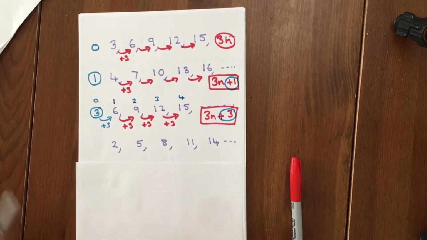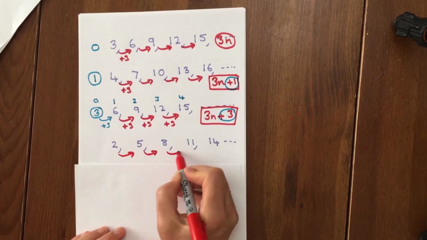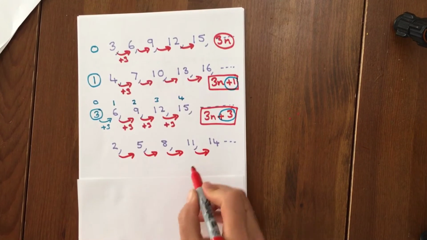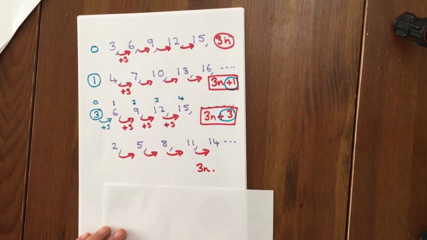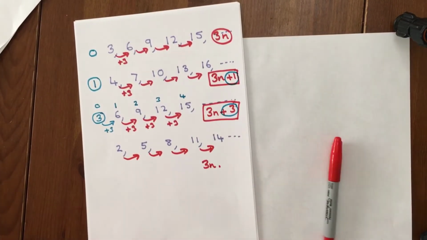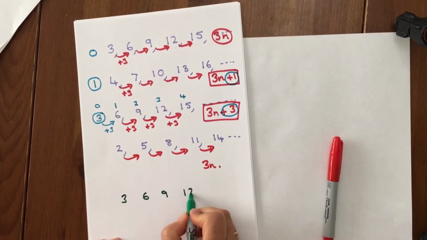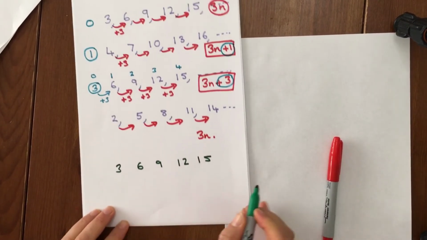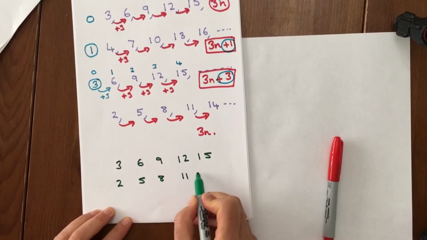So let's look at this one. Again, it's going up in threes, so we know it's something to do with 3n. And if I compare it, I'm always comparing it, so if I write down what 3n is, this is 3n, first term. And if I write what I'm looking at underneath, this is what I'm looking at.